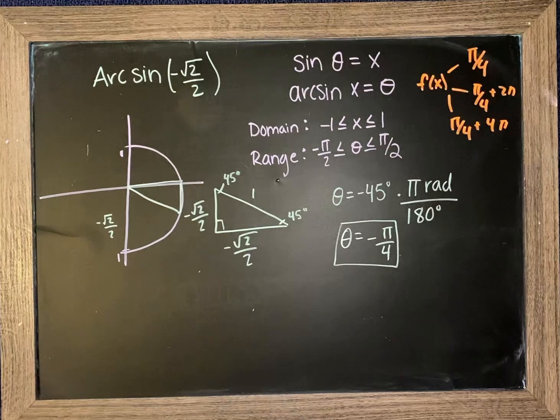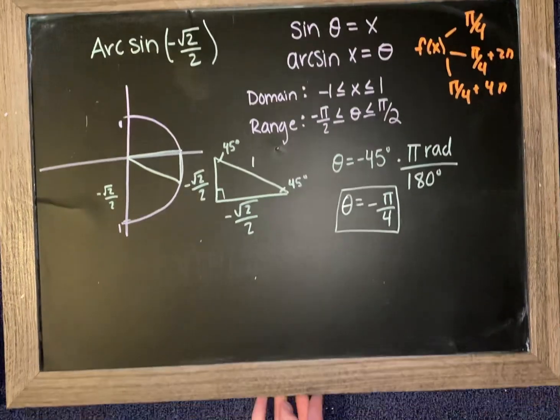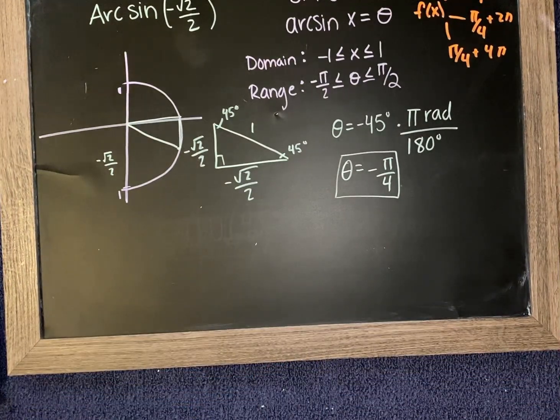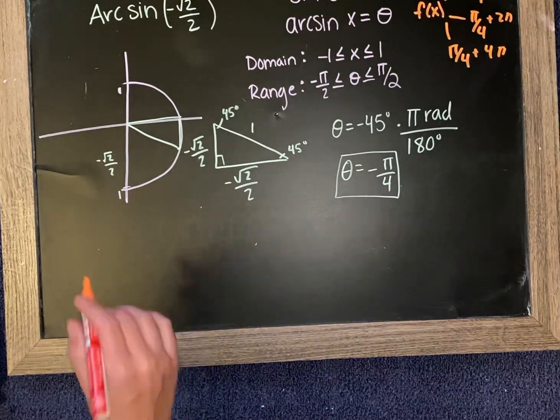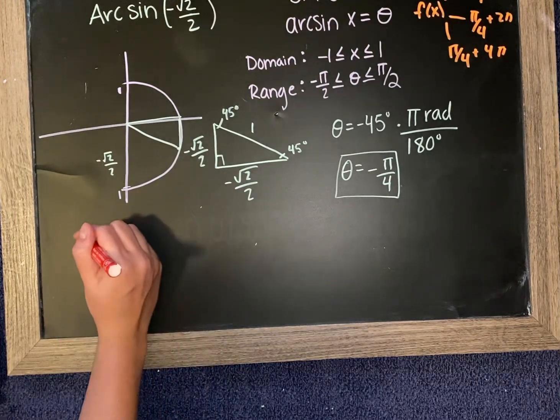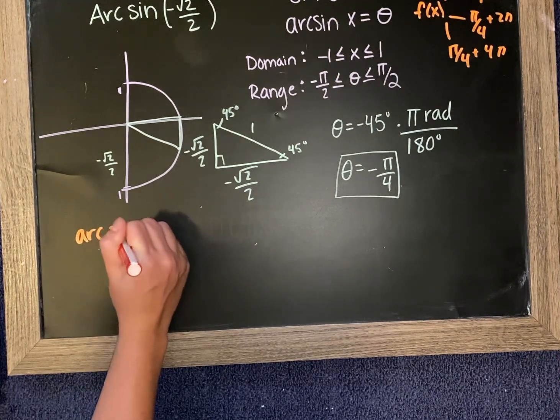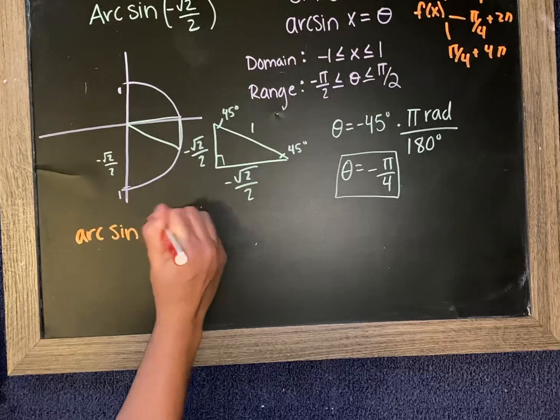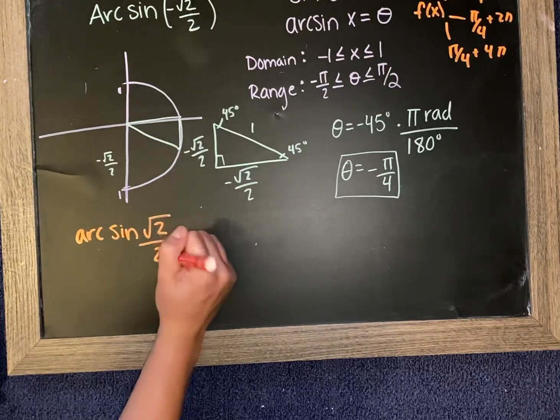negative pi over 4. But another way to write this out, that will clear this up a little bit, is arcsine of negative root 2 over 2.